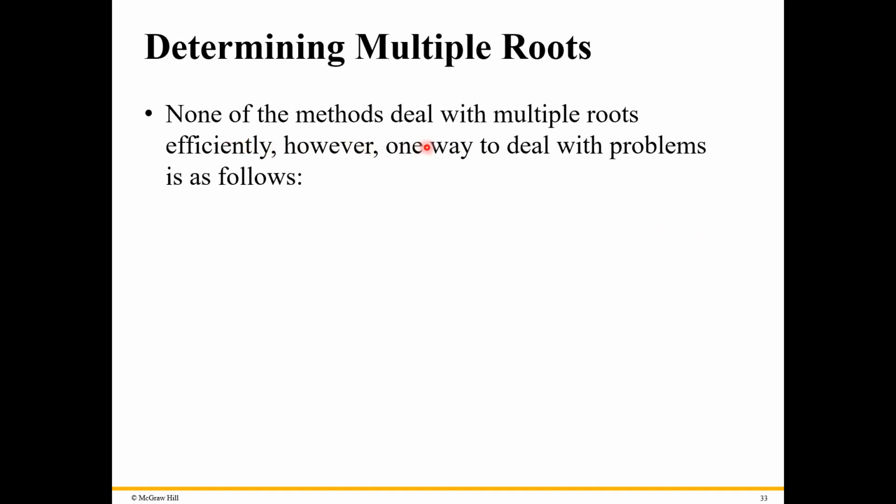None of the methods deal with multiple roots efficiently, because if there is a multiple root, we don't have any information or indication beforehand that there will be one. We can only speculate, okay? But we may draw upon certain conclusions by which we may be able to tell that there will be a multiple root.